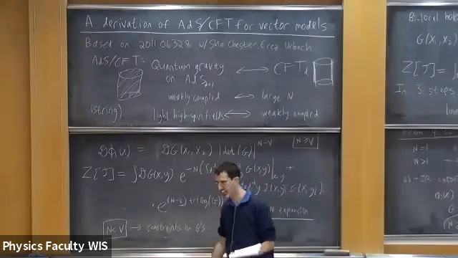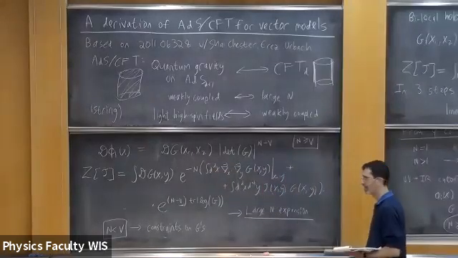Yes, questions, please. Hi, Ofer. I have a comment actually. One way of doing this is to introduce a delta function in the path integral involving this G of x, y, exponentiating the delta function in terms of an auxiliary conjugate field.